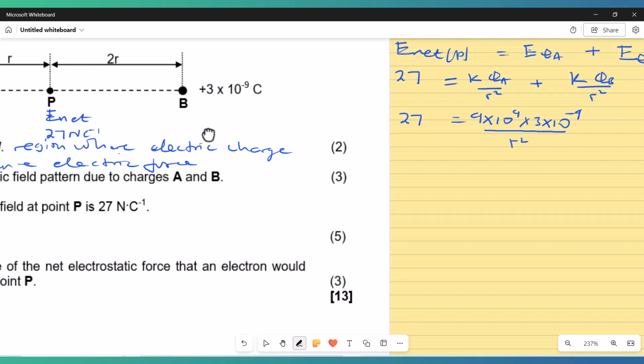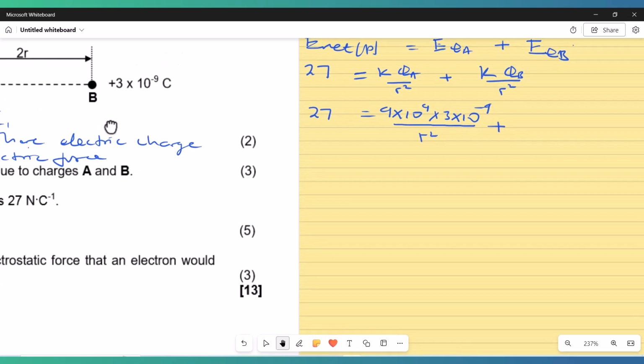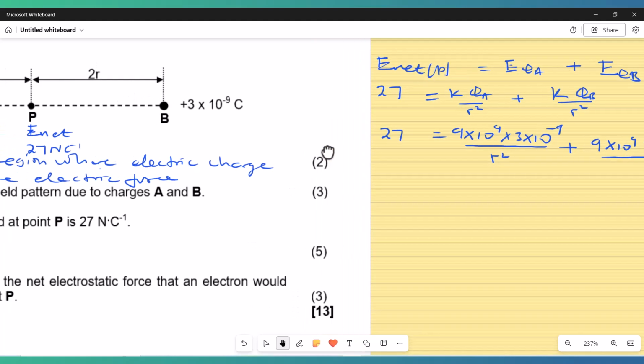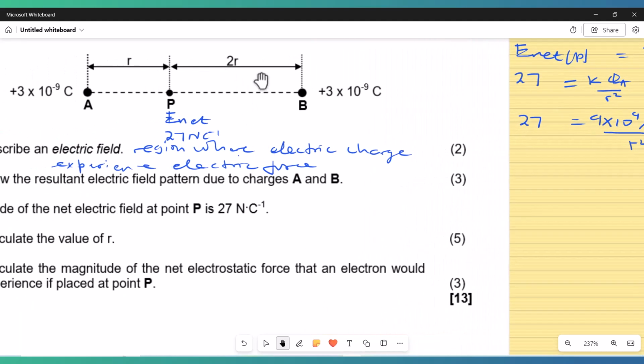So this is R squared here now, plus. Now the E because of charge B, again I'm going to use K, which is 9 times 10 to the power 9. Now the charge on B, same as the charge on A, that's going to be 3 times 10 to the power negative 9. Now my distance of charge B from point P, let's check it again. It is 2R.